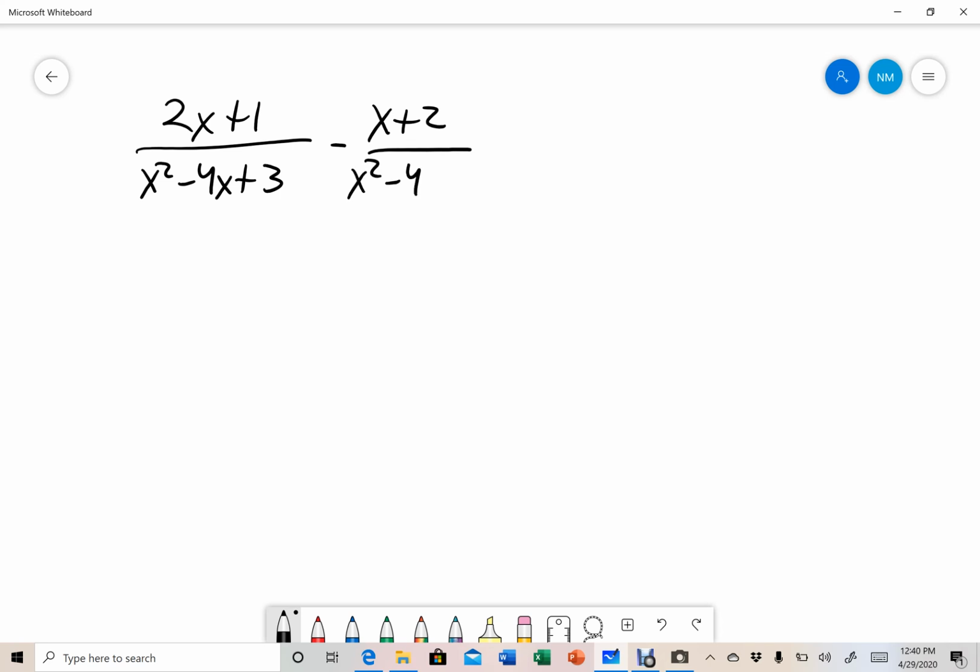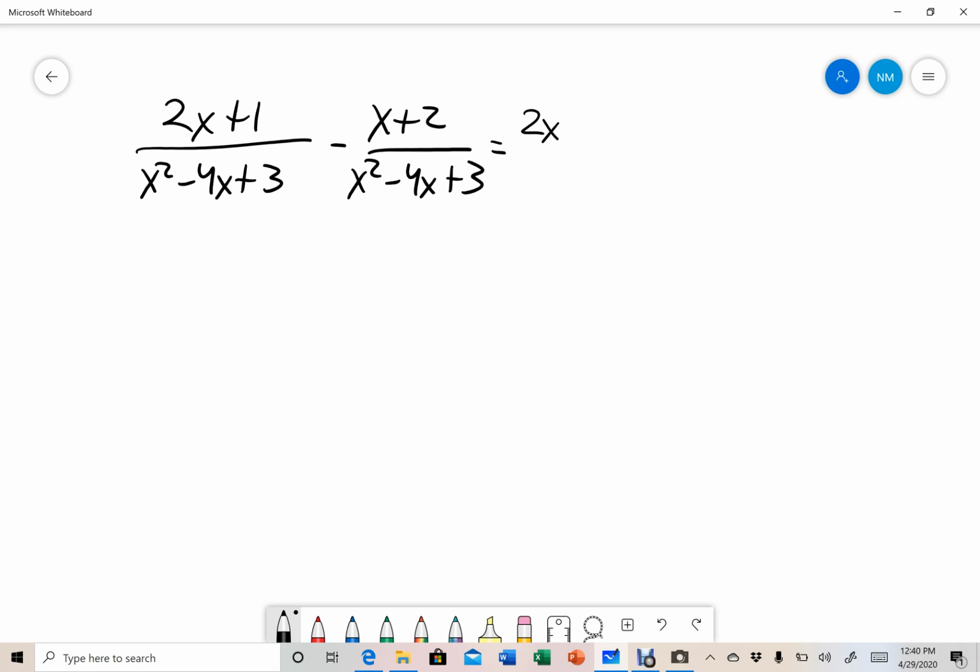So I've got 2x plus 1 over x squared minus 4x plus 3 minus x plus 2 over x squared minus 4x plus 3. I'm going to apply my subtraction sign to my numerator, and I'm going to change this to an addition.